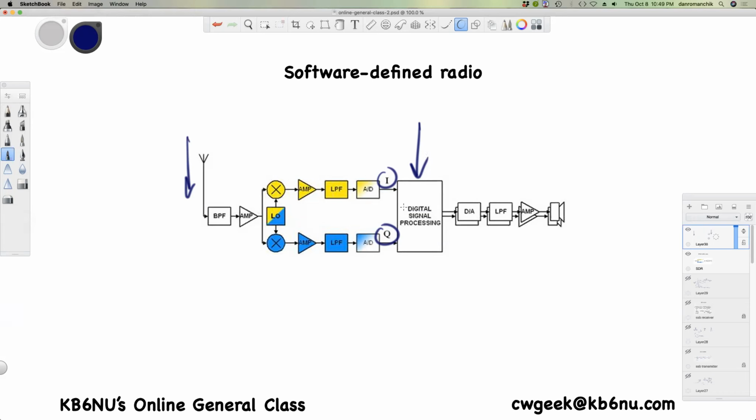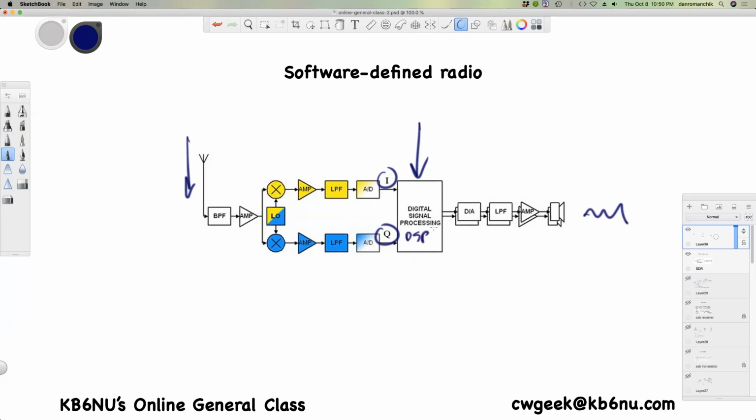Then it outputs an audio digital stream, which goes to D to A, and then you actually get audio out. But all the magic happens in the digital signal processor.